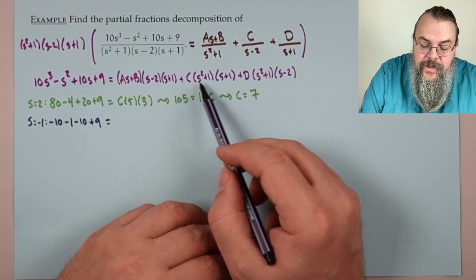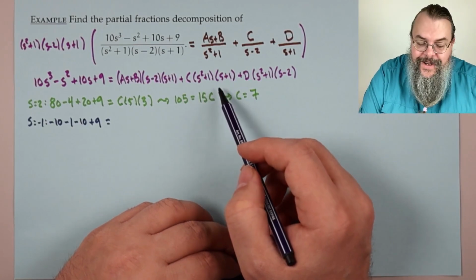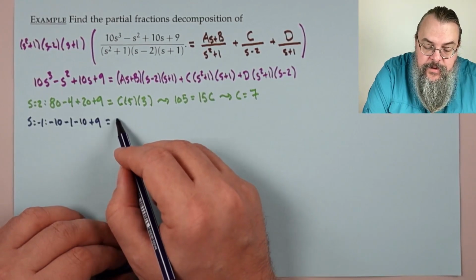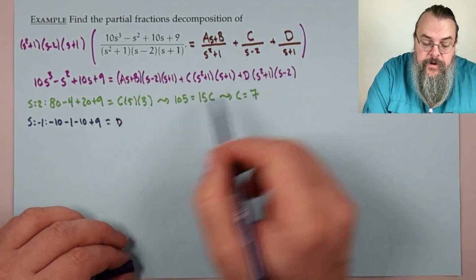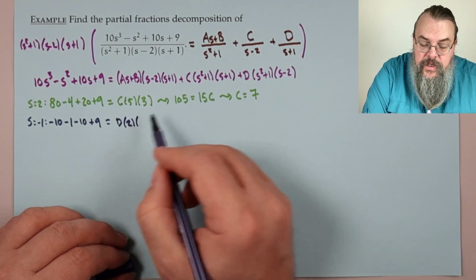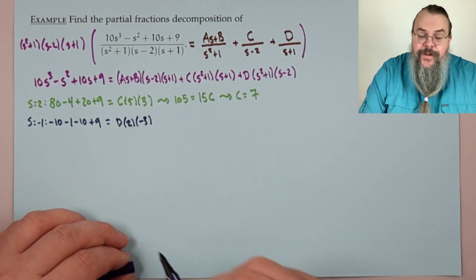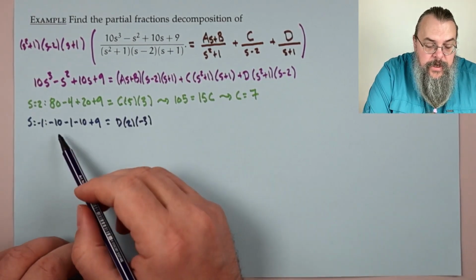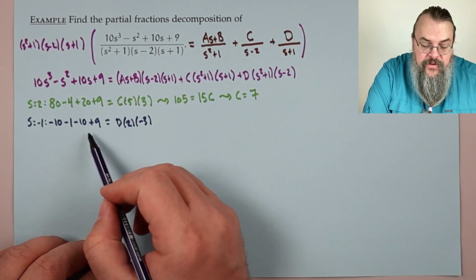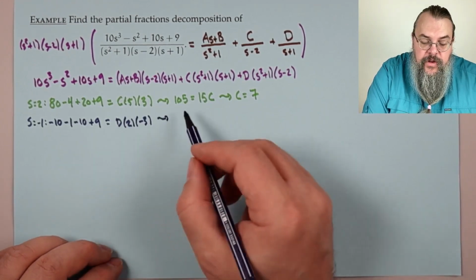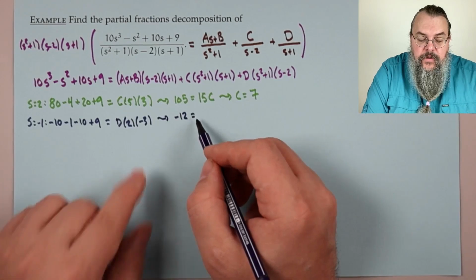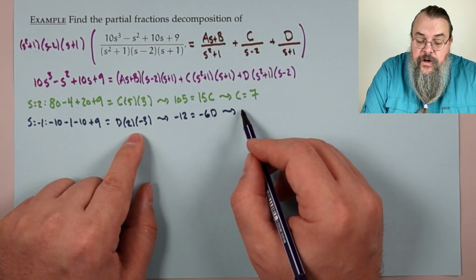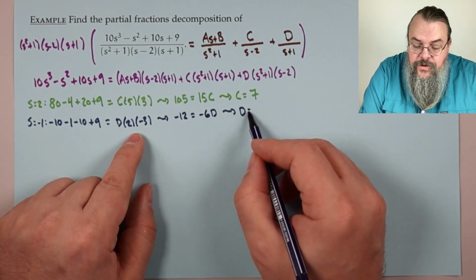Then we have c times 2 times 0. Wonderful. Then we have this last term: d times 2 times minus 3. On the left, minus 21 plus 9 makes minus 12. And over here, we'll get minus 6 times d. So our conclusion is d is 2.